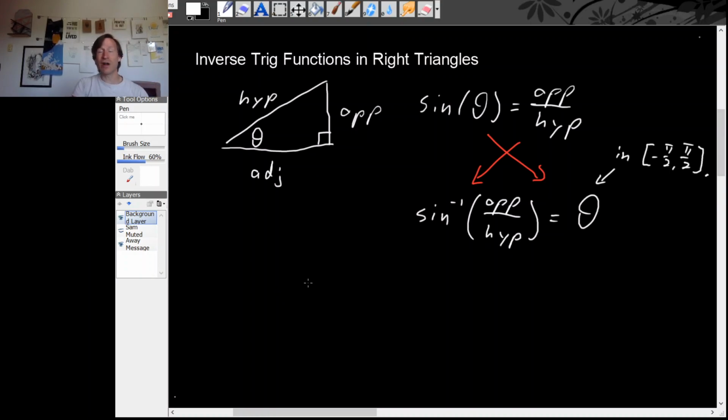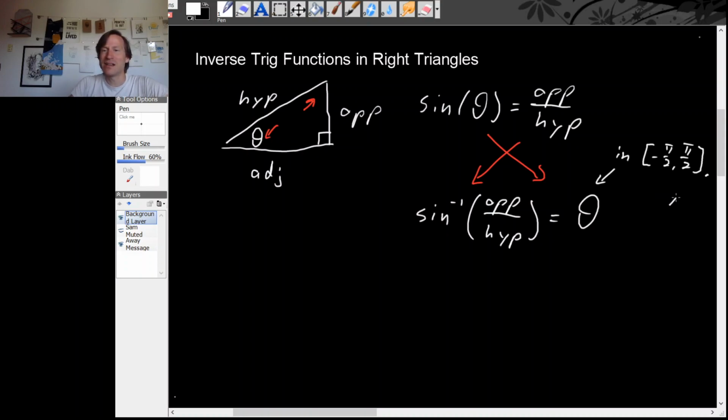But in a right triangle, the two angles that aren't the right angle, these two angles in the lower left and the upper right, are always acute angles. We have 90 degrees taken up with the right angle. That leaves 90 degrees to split between the other two angles. So both of these angles have to be between 0 and a right angle.